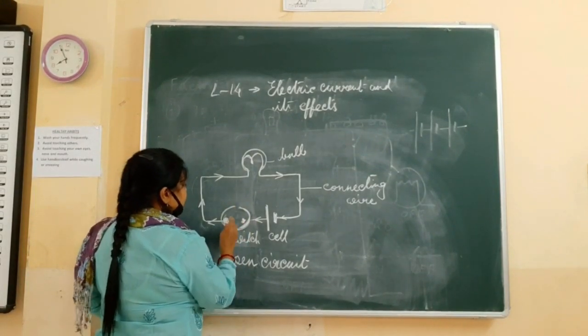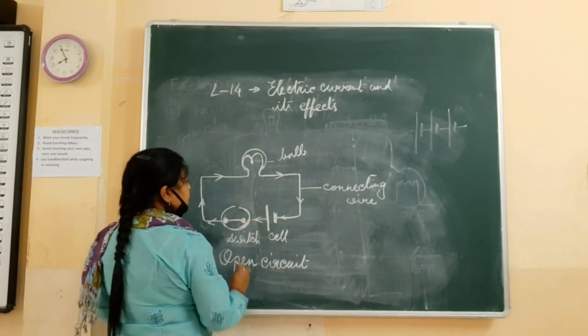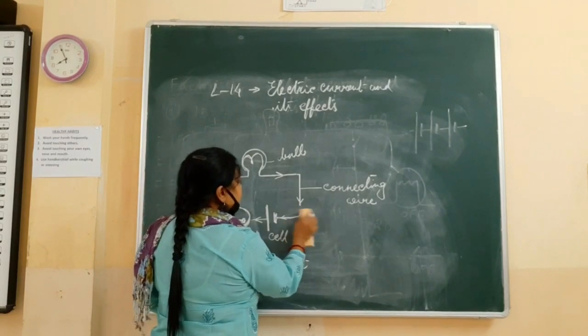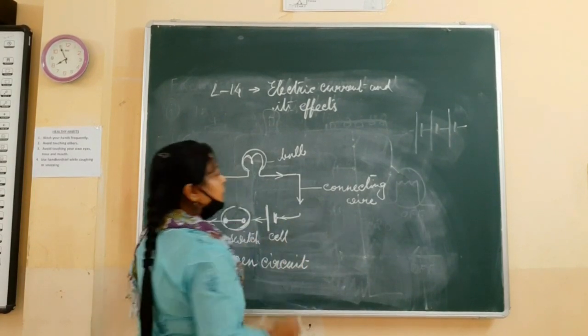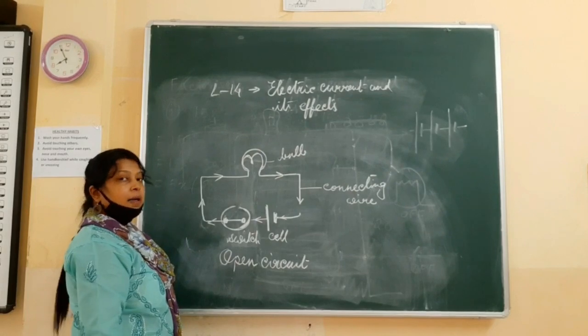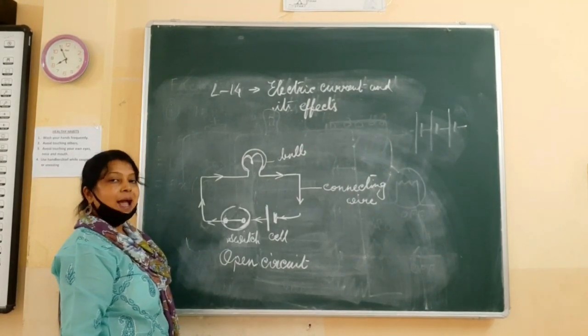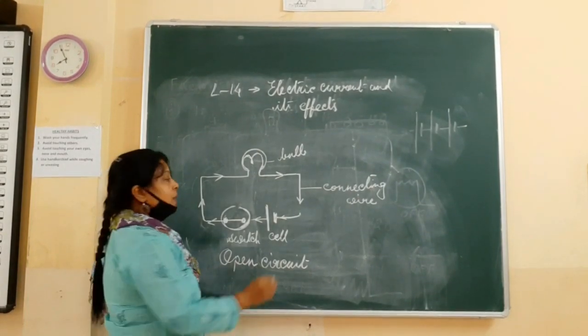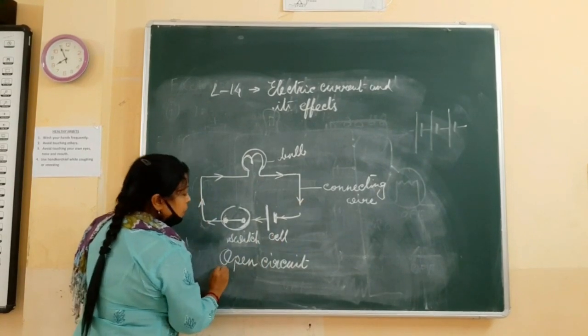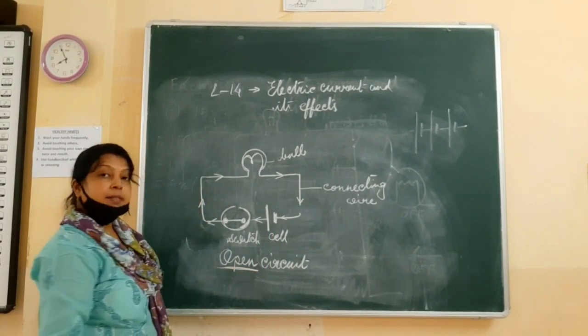If the switch is in the on position but the wire is damaged or broken, then it is also called an open circuit.